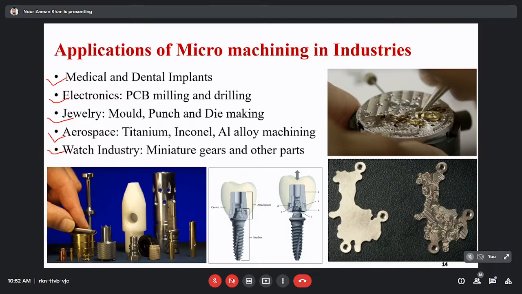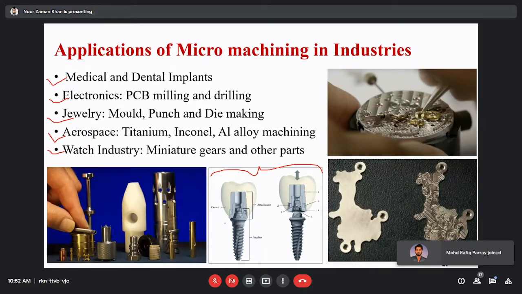They are very keen to introduce micro sensors, complex fuel injection systems, small safety devices, and microfluidics for fluid control and flow control, or micro motors, very small motors, in order to actuate, or micro actuators in their existing and new products. So there are a lot of opportunities for using micro machining in various industry applications like medical and dental implants. Have a look at this, this is an example.